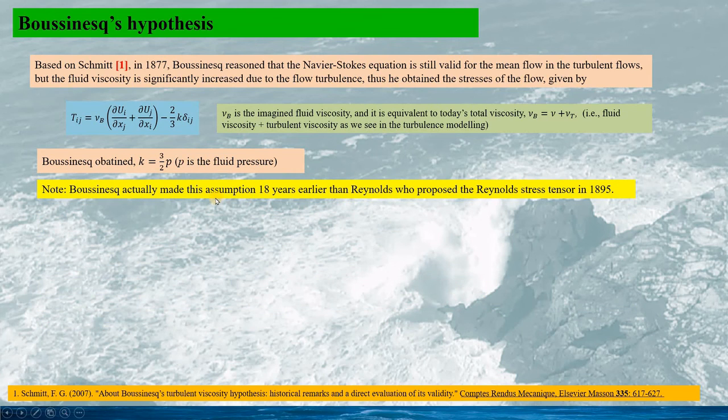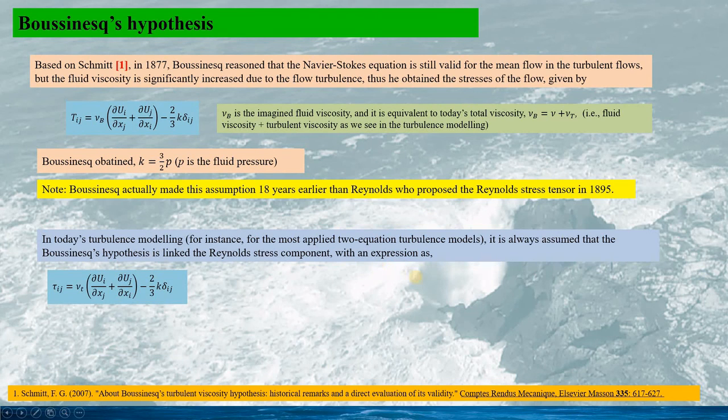It should be noted, Boussinesq actually made this assumption 18 years earlier than Reynolds, who proposed the Reynolds stress tensor in 1895. In today's turbulence modeling, for instance, the most applied two-equation turbulence model, it is always assumed that Boussinesq's hypothesis is linked to the Reynolds stress tensor with an expression as this.